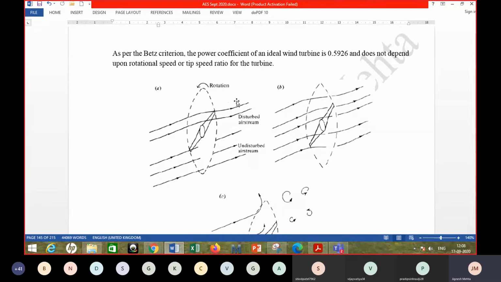Now, if the speed is low enough, then there could be some regions from where the air is able to pass undisturbed also. If it is being rotated at an optimum speed, in that case all air will get disturbed, as shown in the figure.